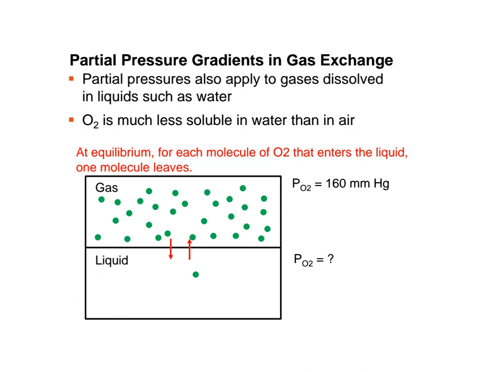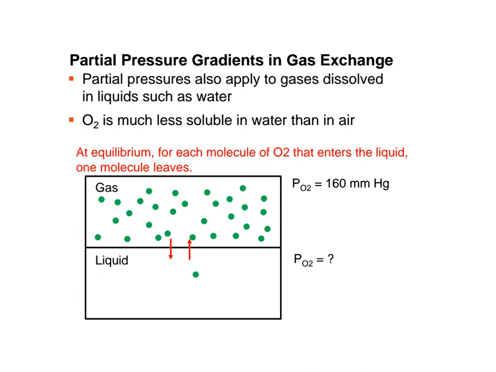And you'll notice here that there's quite a difference in the number of molecules. There's about 30 times more of these green molecules in the gas phase than in the liquid phase. And that's meant to represent the idea that oxygen is much less soluble in water than in air. So at equilibrium, this is the situation you'd have.